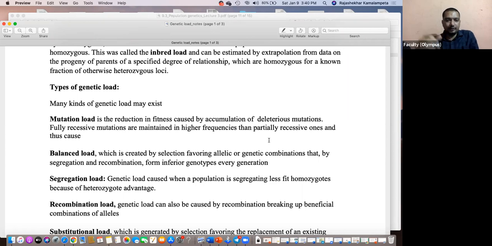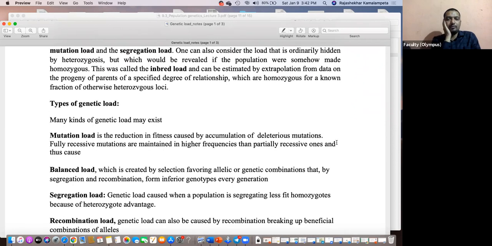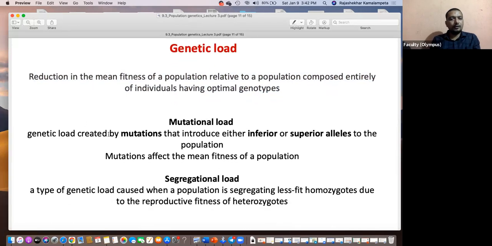Okay. So first we'll begin with mutation load. There's nothing much we learn here. We only learn how mutation can reduce the fitness of a population, and in what sense that can be called a mutation load. Genetic load is created by mutations that introduce either inferior or superior alleles to the population.